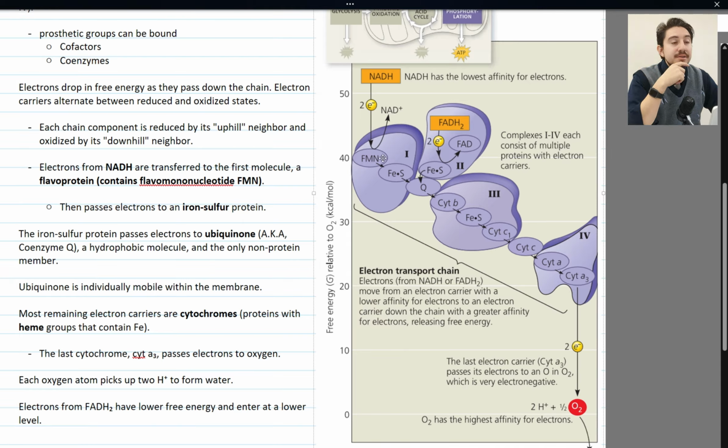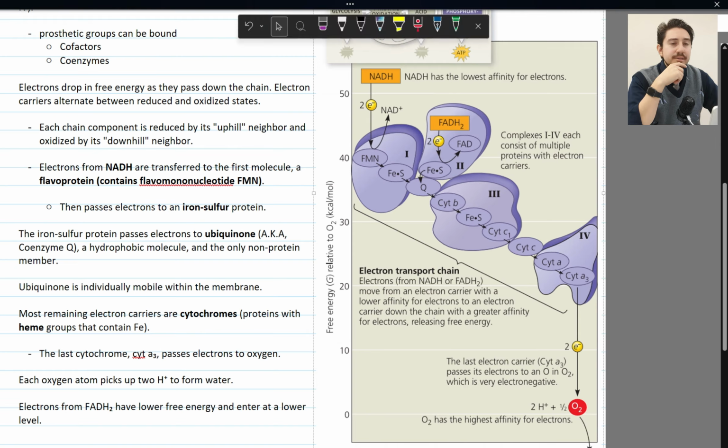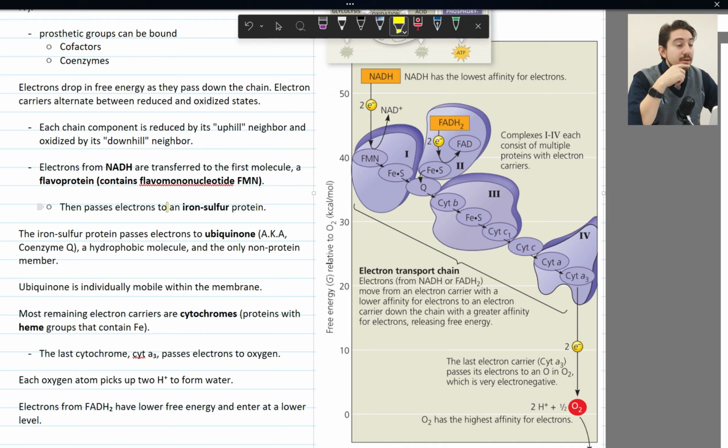Then this one will get oxidized, reducing your next molecule, which is a protein containing iron and sulfur. Then this one will further get oxidized, reducing your next compound. And I'm just going to highlight this for emphasis.